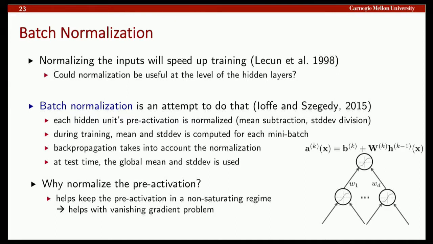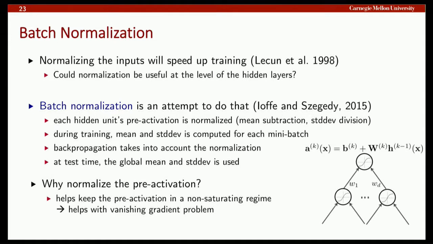And this is super important because it basically avoids the saturation regions. Because if the total input to a particular unit is 1,000, and you're passing it through the sigmoid or through the ReLU, your units basically saturate or become very large. So optimization becomes an issue. And the idea here is that backpropagation takes this normalization into account, and at test time, there's a way of computing the mean and standard deviation.